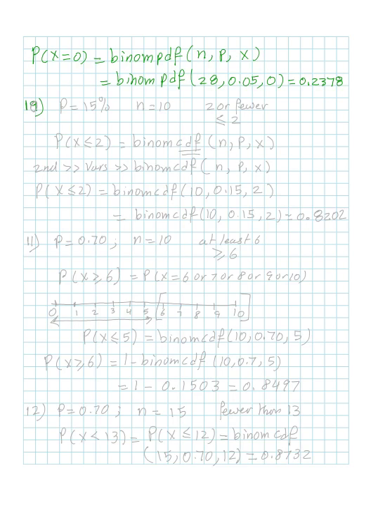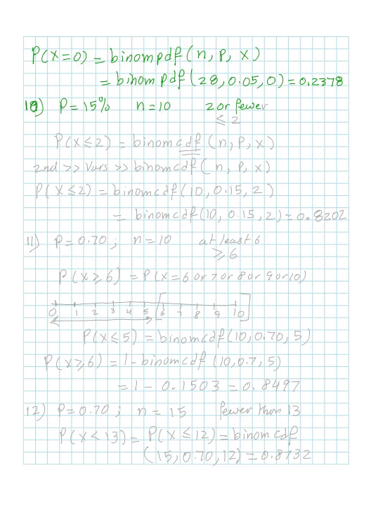So I'm using the calculator. I'm entering the value of n, 28. Then I'm entering the probability of success, 0.05. Don't put 0.5 there. Then I'm putting 0 for the x value, and the answer is 0.2378.